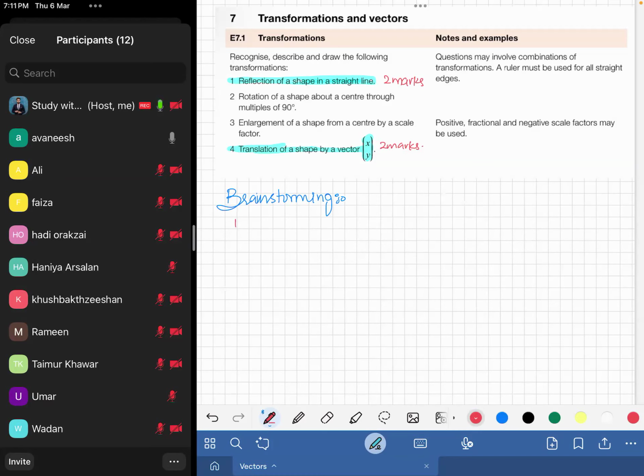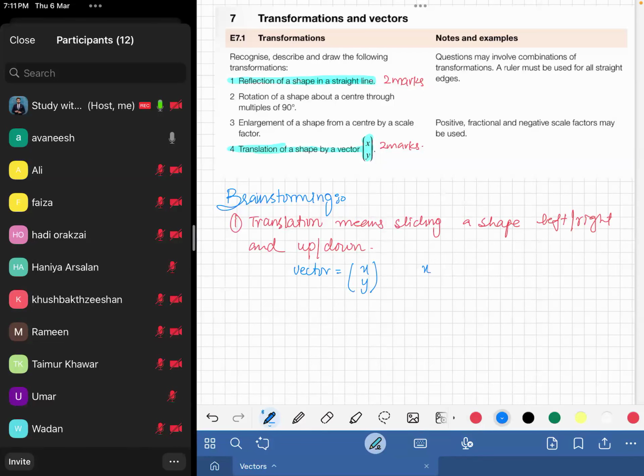So first of all, we studied translation. We say that translation means sliding of the shape, sliding a shape left slash right, and up slash down. Translation is done by a vector. Vector is mandatory. This is xy.